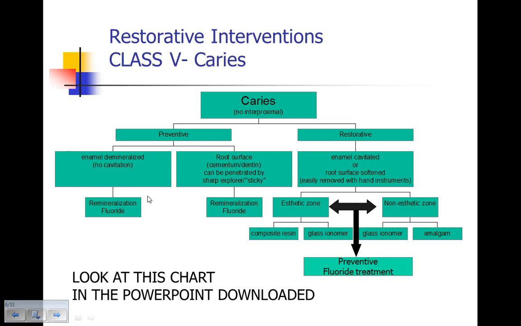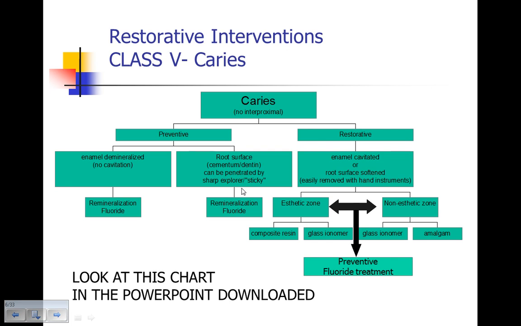We might preventively treat root surface caries on the cementum and dentin that we can feel that the root surface is a little bit tacky. We don't aggressively go after that surface, but we just note that it's not a hard, shiny surface.